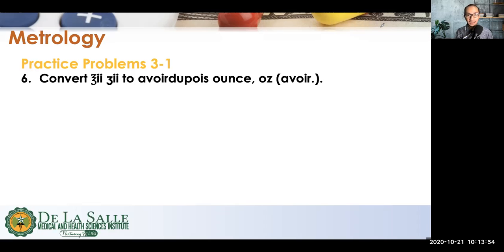Take note that the ounce, let me write it down, the ounce in the avoirdupois system is different doon sa ounce in the apothecary system. Likewise, the pound in the avoirdupois system is also not the same as the pound in the apothecary system.